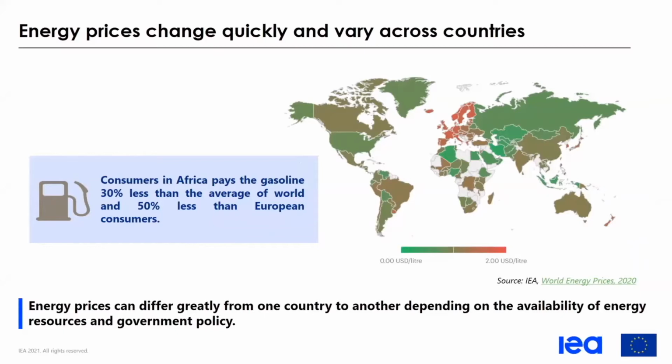Such data also allows for evidence-based policymaking and energy transition planning. Robust data allow us to draw comparisons of regional differences. For example, thanks to this dataset, we can say that consumers in Africa pay on average 30% less for gasoline than the average of the world, and 50% less than European consumers.